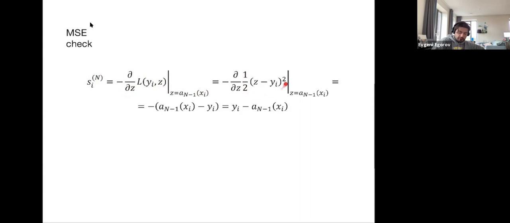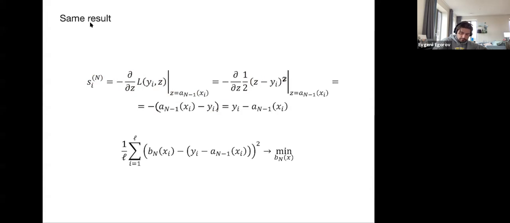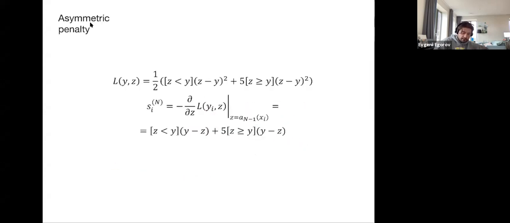We just write the definition of the MSE loss, take this gradient, and we obtain this one guy, apply minus. We recap the same procedure that we heuristically derived from MSE loss. Then indeed the problem is the same. We need to fit to these residuals, and this is the same result.